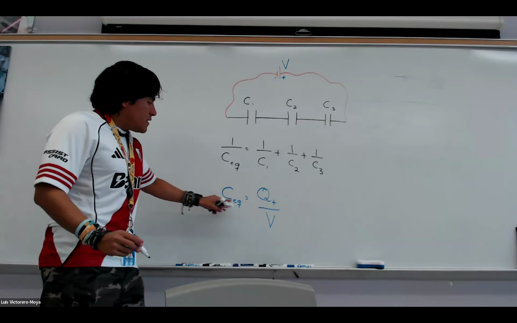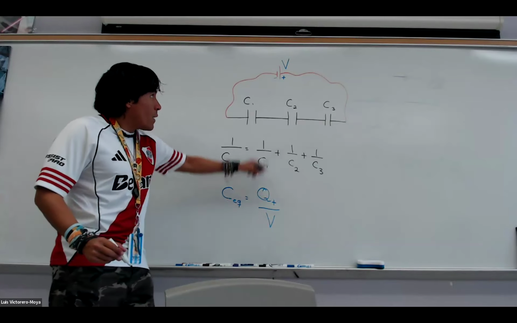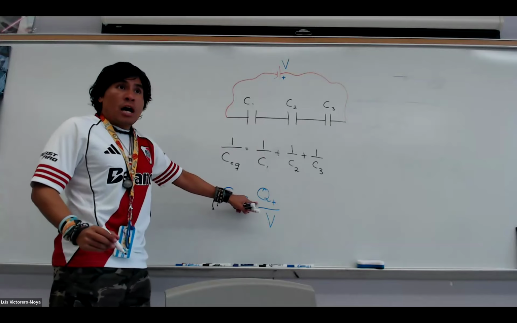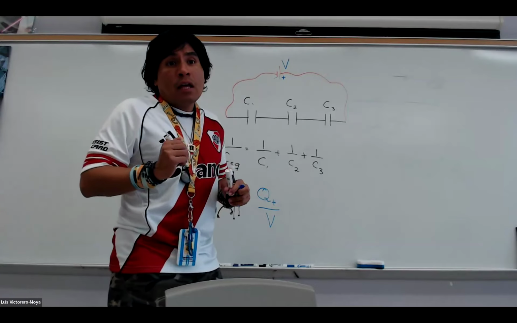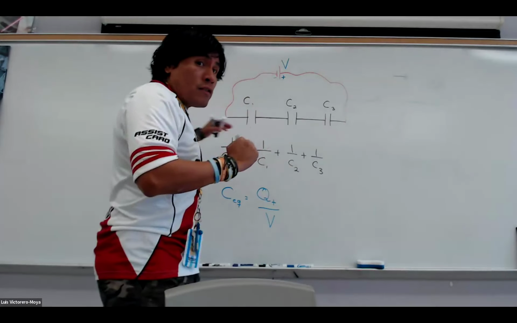So if you multiply C equivalent times the voltage supply, you get the total charge. Now, when you have capacitors in series, the charge is constant.